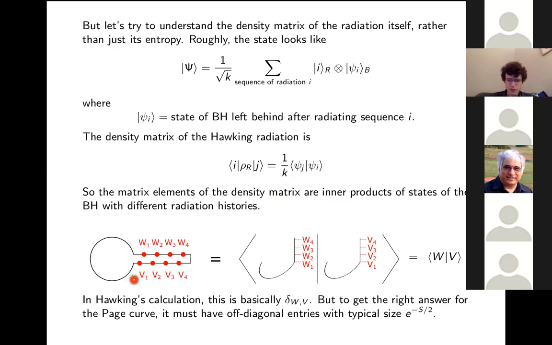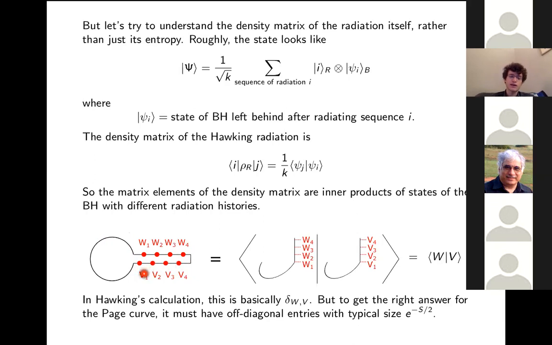So let's try to draw a time contour to compute this inner product. Well, we have the thermal Euclidean state preparation of the black hole. This circle is still there. And then we evolve the black hole forwards in time and backwards in time, and we insert operators that collect a particular sequence of Hawking quanta. You could imagine these operators are like annihilation operators for a particular sequence of Hawking quanta.